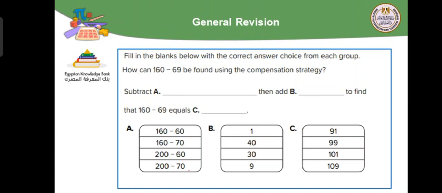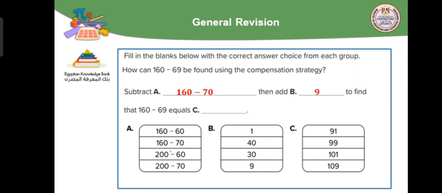Then add what? 1, or 40, or 30, or 9 to find that 160 minus 69 equals what? So we choose A, 160 minus 70. Then add 1. Then add 9, so sorry.